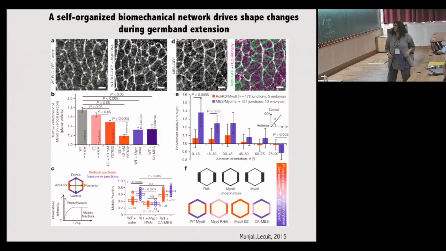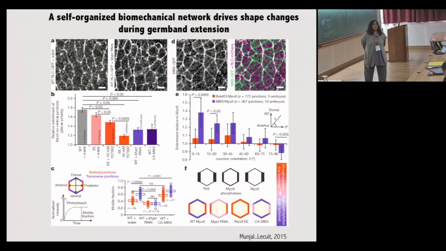I'm not going to talk about that, but that's what's happening basally, and there's probably a lot more happening basally too. That's true for apical constriction, it's true for dorsal closure, and we know that some of it is true for elongation.